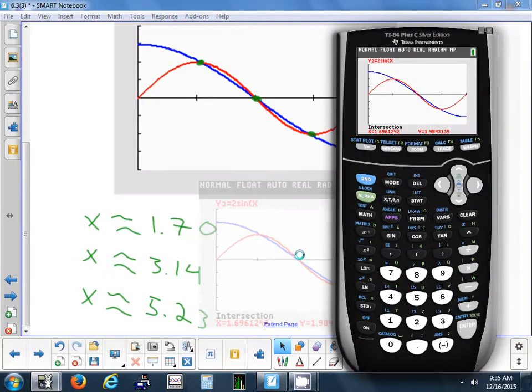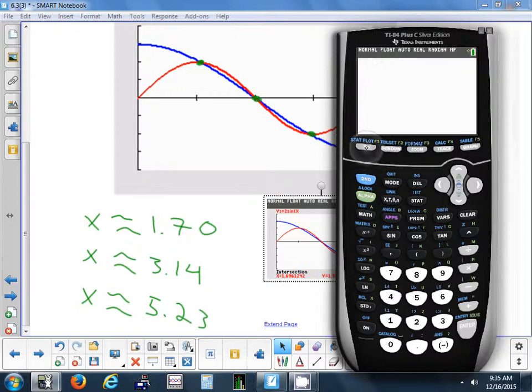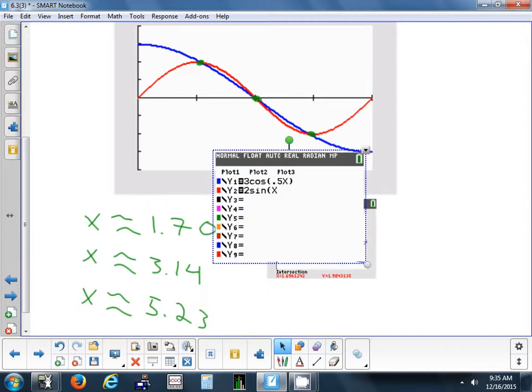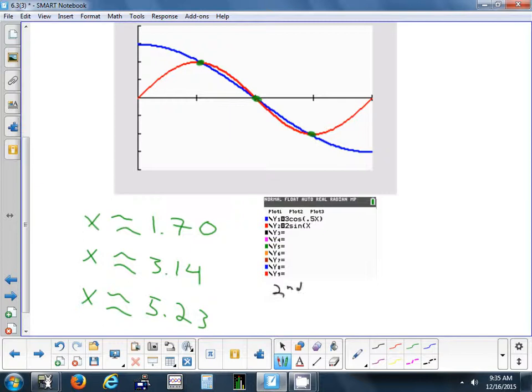All right, so doing it this way, we used second calc intersect.